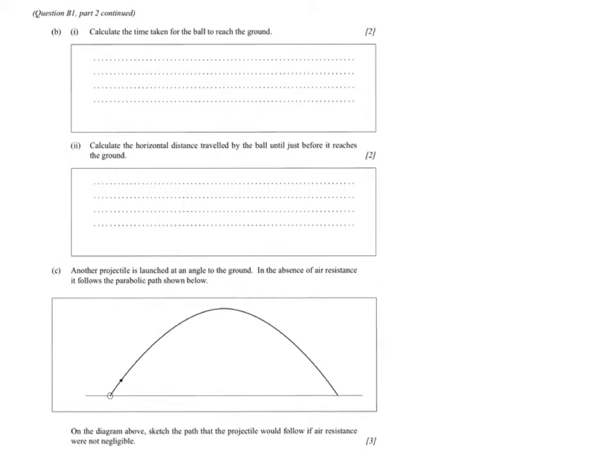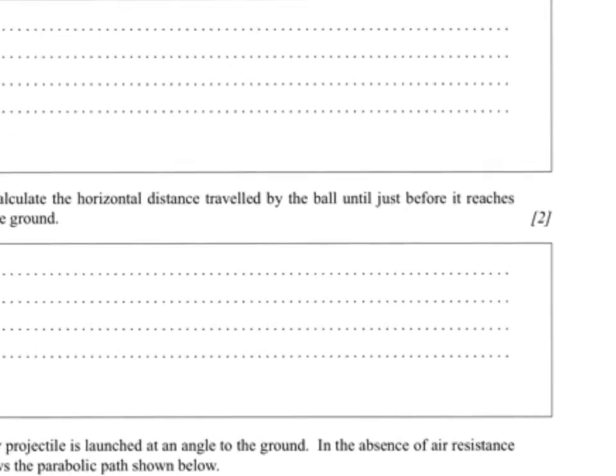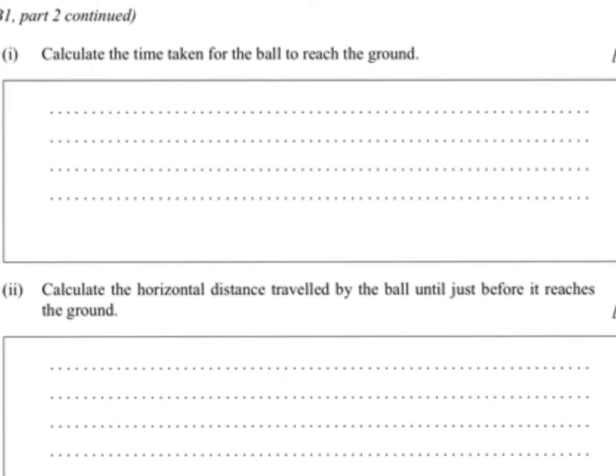B says to calculate the time taken for the ball to reach the ground. For this we can use our trusty SUVAT equations. If we set up SUVAT, we have to make the y and the x separate. So we don't know the final x distance that the ball will travel.